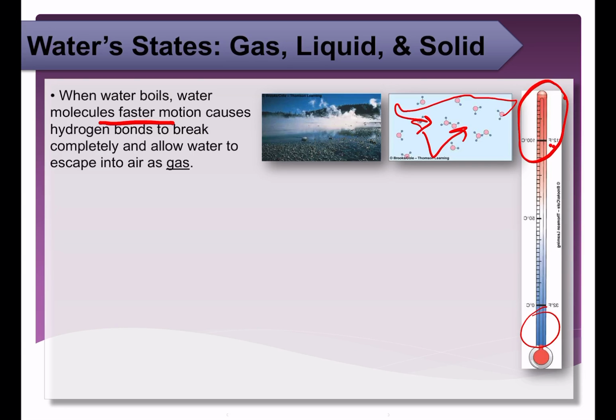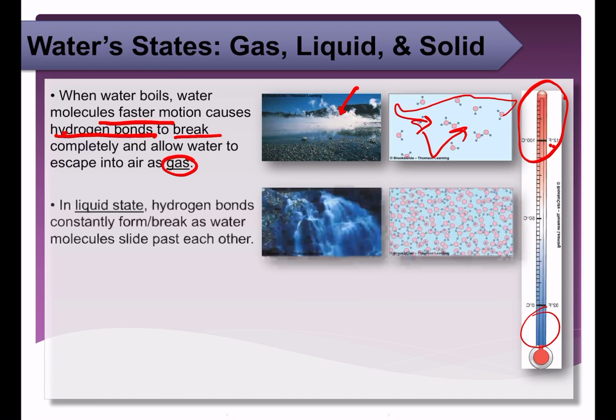Then they are turned into a state of matter called gas. They break the hydrogen bonds to form that gaseous state, which is represented here in the form of steam, when we see water at higher temperatures, such as in hot springs or when you're boiling a pot of water over the stove.